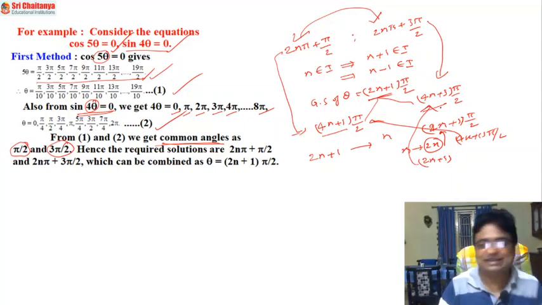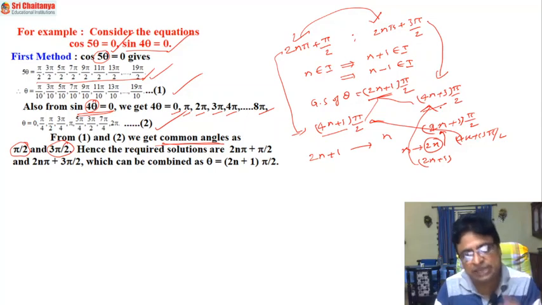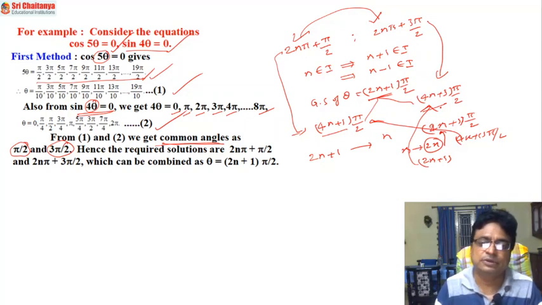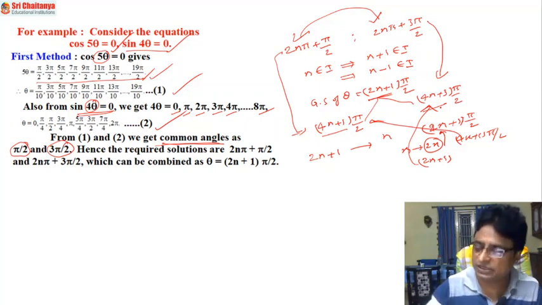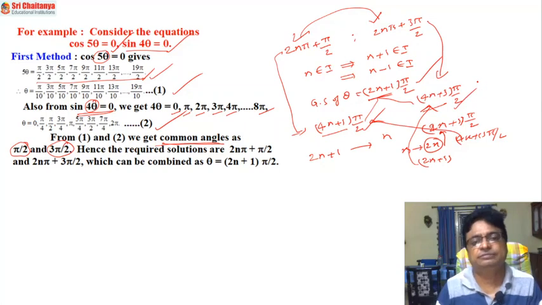So, my friends, this kind of expressing the same integer in different forms while writing the final solution of a trigonometric equation is an art. Because if it is an analytical examination, then writing the solution in either form is right.